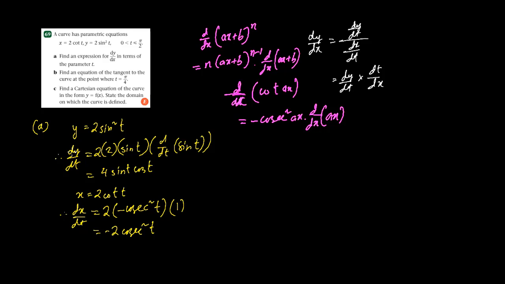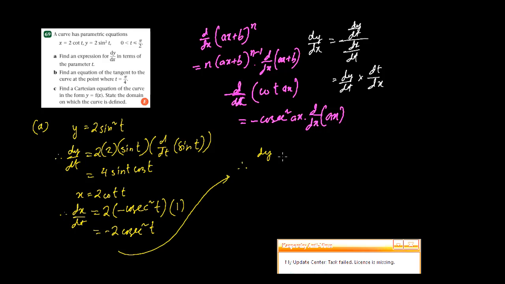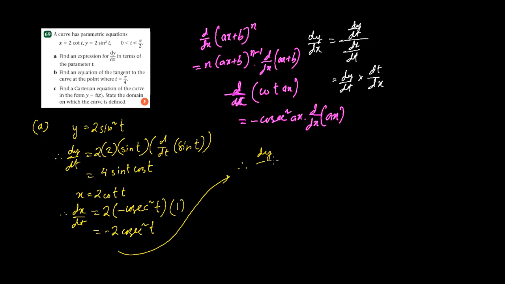Now since we have found both dy by dt and dx by dt, we have to find the derivative now. So dy by dx is going to be dy by dt divided by dx by dt.